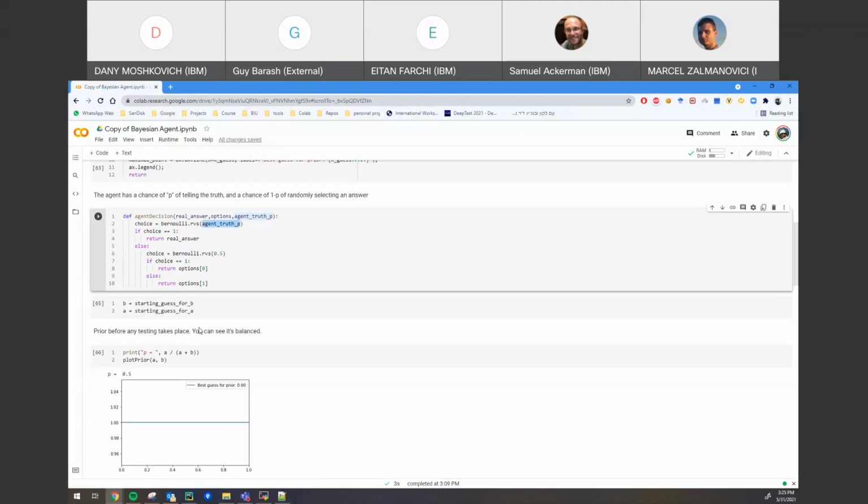Yeah, so here's something I'm still experimenting with. The way these posterior updates work is, say you had one agent for like 100 repetitions.